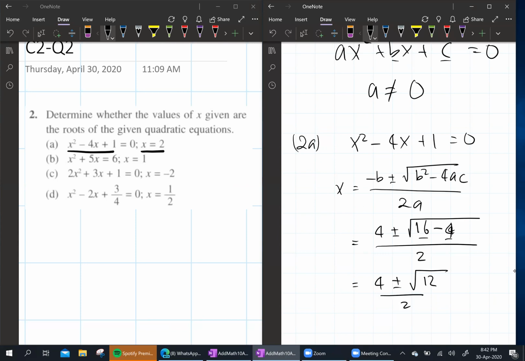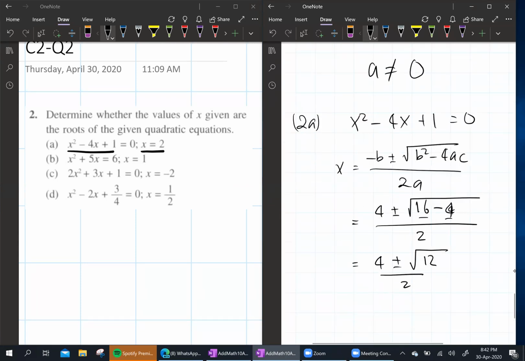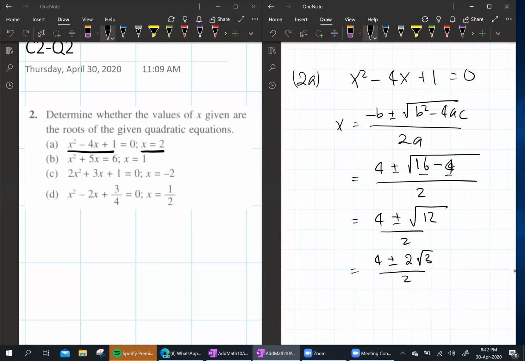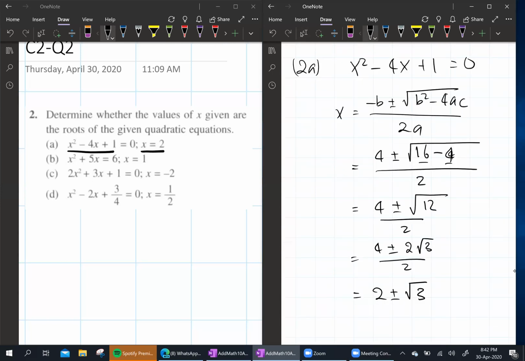So this is 4 plus or minus 2 root 3 over 2, which equals 2 plus or minus root 3. So your value of x is 2 minus root 3 or 2 plus root 3.